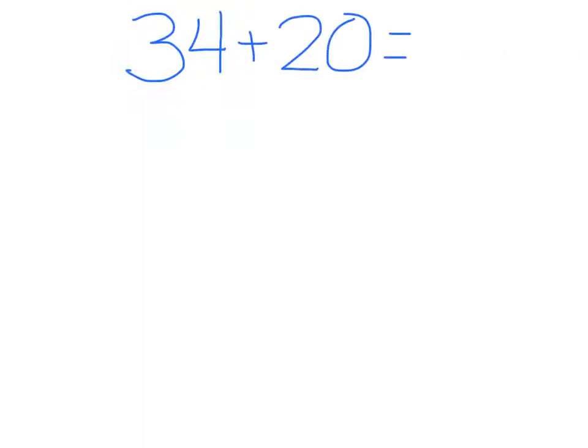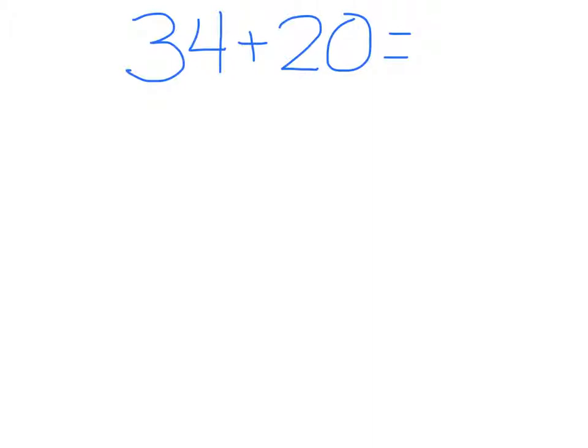Get your whiteboards and let's try it using pictures on your whiteboards rather than in your SAB books. Go ahead and push that SAB book to the side and put your whiteboard in front of you. Let's look at this problem. I have 34 plus 20 equals.